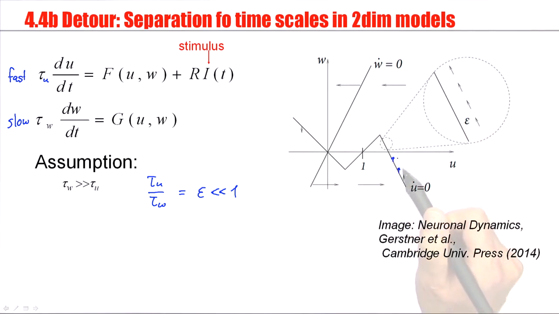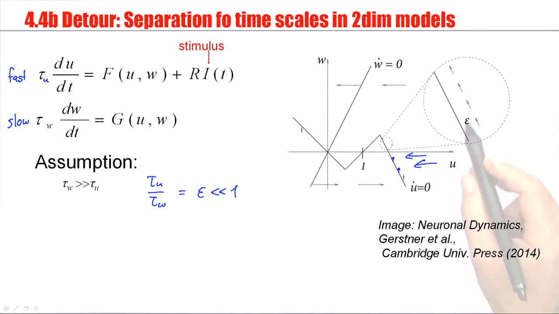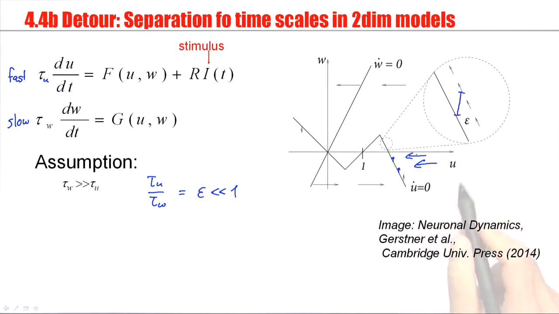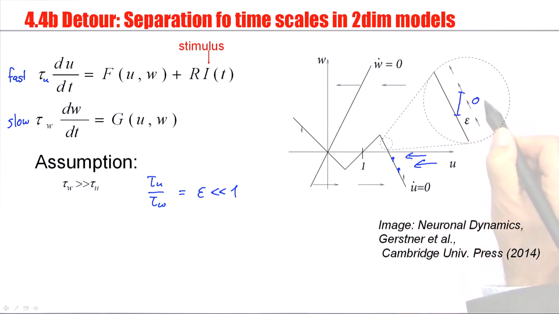And I argued that the trajectory is always pushed back towards the U-null line. In fact, you can show that if you zoom in, the distance between the trajectory and the U-null line is always of order epsilon.